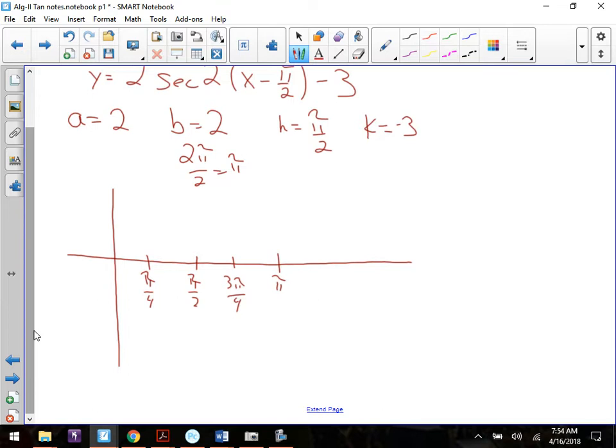My A value was 2, so I'm going to mark it up 2, mark it down 2. And then I have space to add more to it later, or move down. Cosine graph. Does a cosine graph start at the A value or at 0? A! Starts at A. That gives us our ordered pairs.